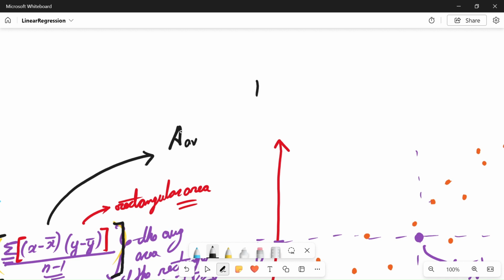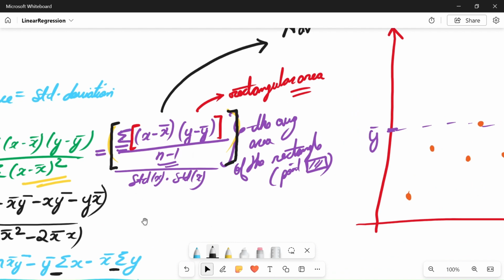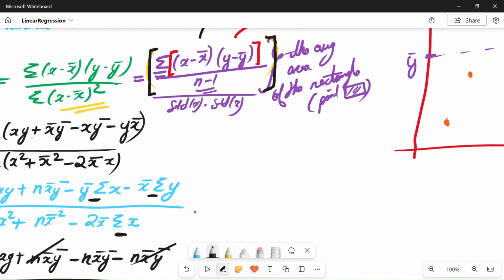So to make our analysis easier, we'll take the help of the denominator. In the denominator, imagine it to be a square with the sides as the standard deviation of x.